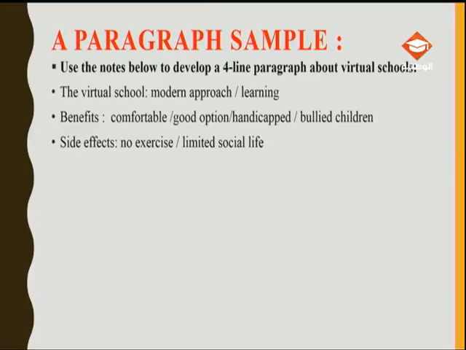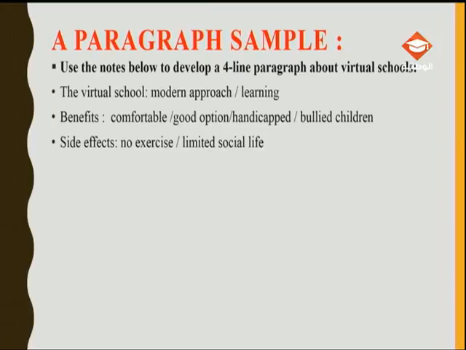Then, the benefits: comfortable, good option, handicapped, bullied children. Then, side effects or drawbacks: no exercise, limited social life. So here we have 3 sentences about the virtual school, and we have to develop these 3 sentences into a paragraph by adding the words we have just mentioned.